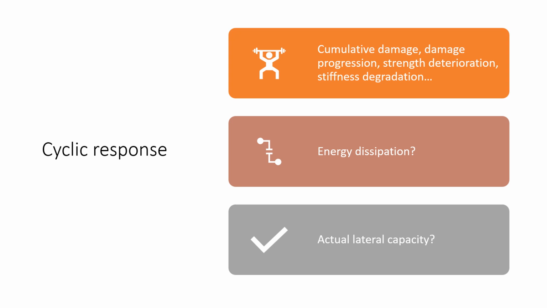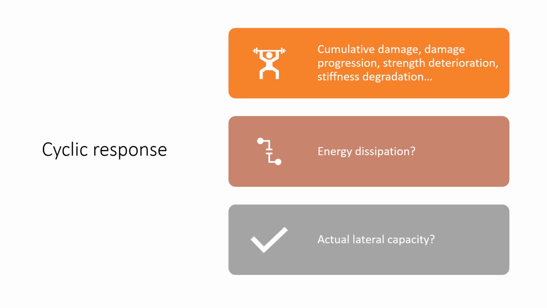And this also implies two different approximations that are not fully controlled. One is the amount of energy dissipation we actually have, and the other is the reliability of the lateral capacity we are assessing.